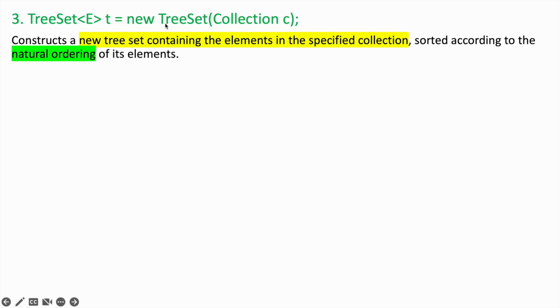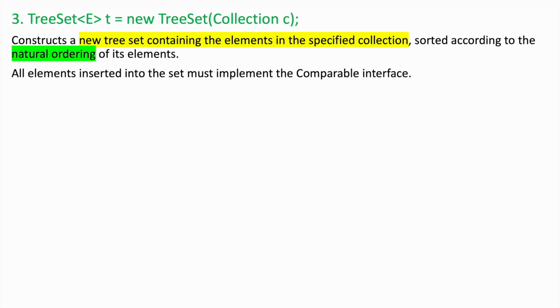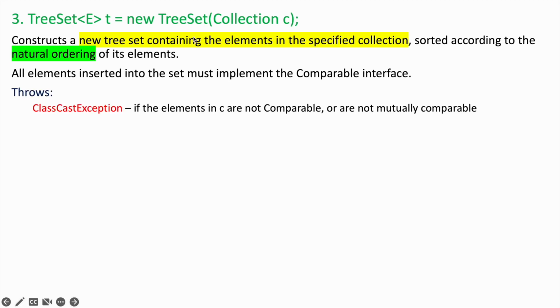So by using this constructor we can create a set, and whatever elements are there in that collection object, all the elements will be placed according to the natural sorting order. Here also all the elements in this collection must implement the Comparable interface.